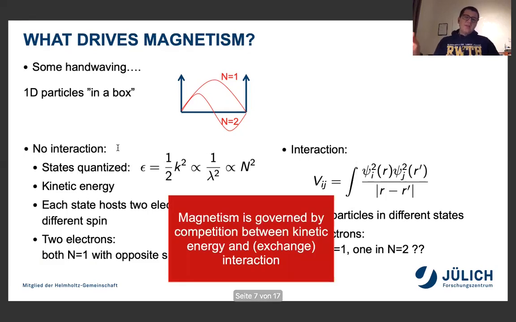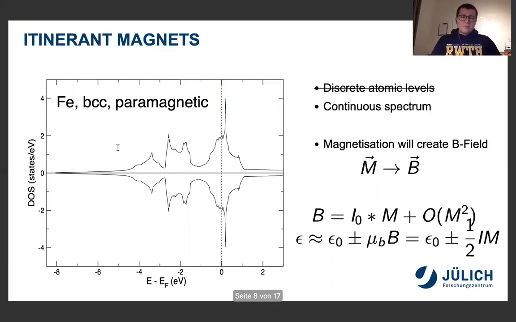The interplay of those two energy contributions is governing magnetism. The non-interacting part is the kinetic energy part, and the interacting part is called the exchange interaction.